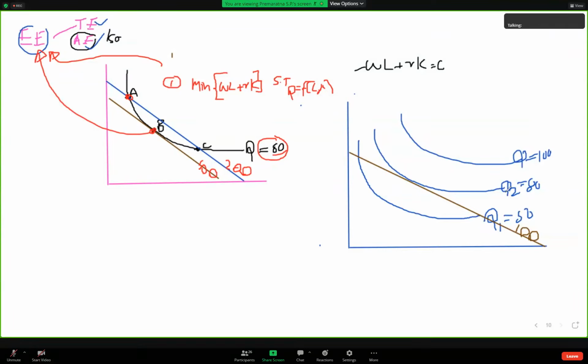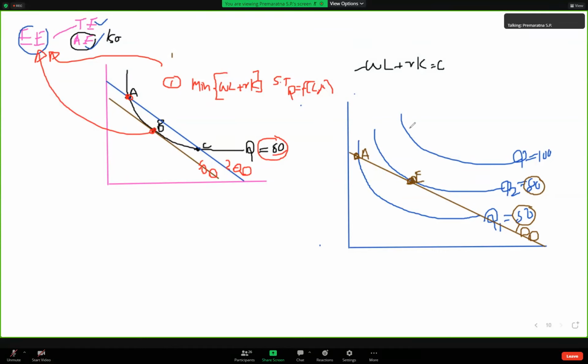Even with a $100 budget, at point A you are allocatively efficient. With point A, if you look at the same iso-cost curve, you still produce only 50. But with $100, if you look at the point here, you can produce 80. So though you are allocatively efficient, in this case you are not technically efficient, only here are you technically efficient. Both.